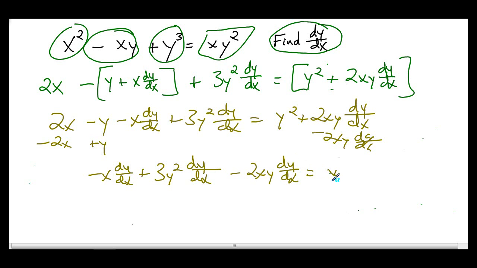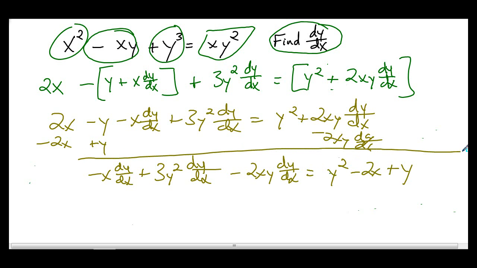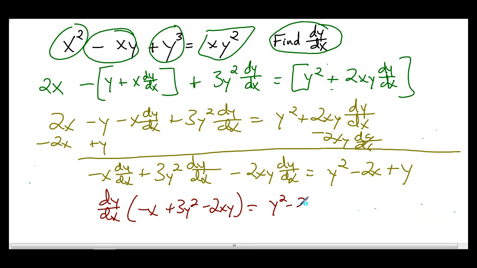And then everything else on the other side is y squared minus 2x plus y. So right now I've got all my dy/dx terms on one side and everything else on the other side. So now I'm going to factor out the dy/dx. I'm left with negative x plus 3y squared minus 2xy, equals y squared minus 2x plus y.